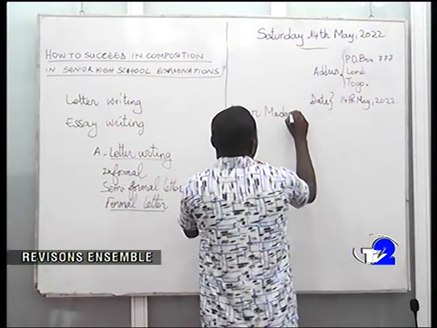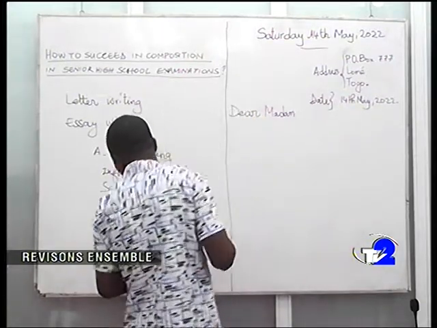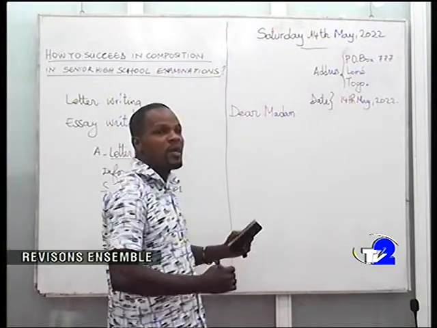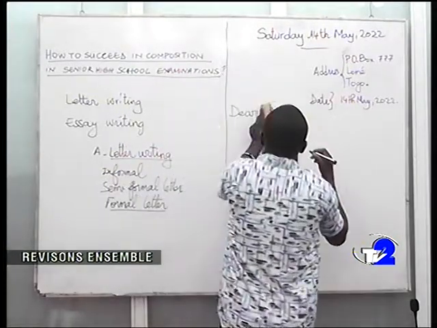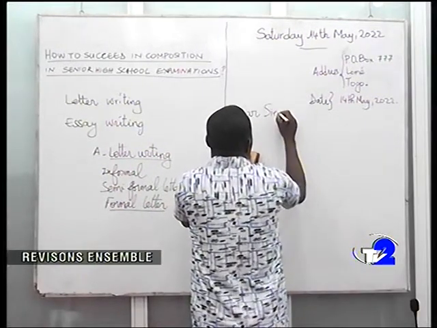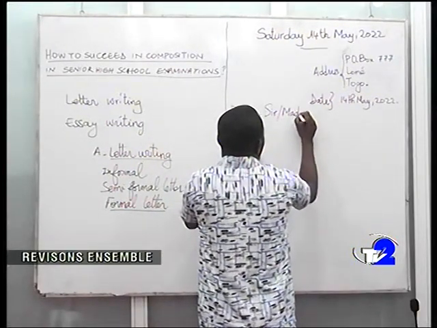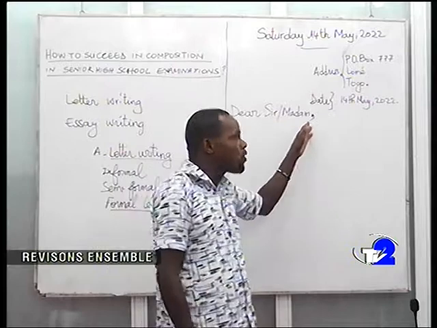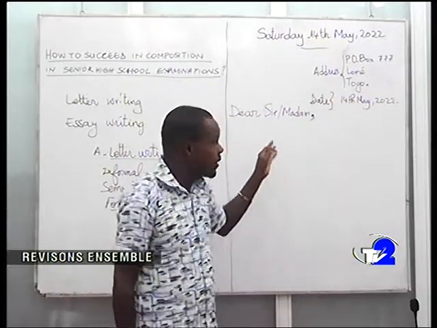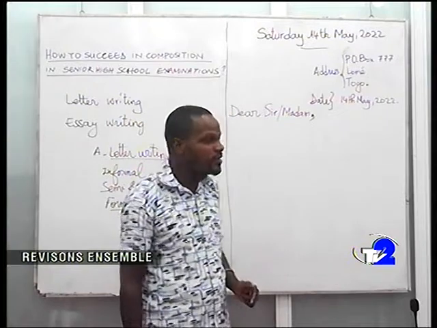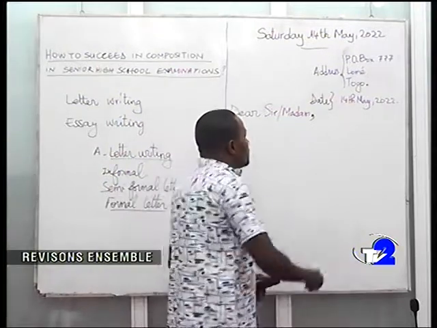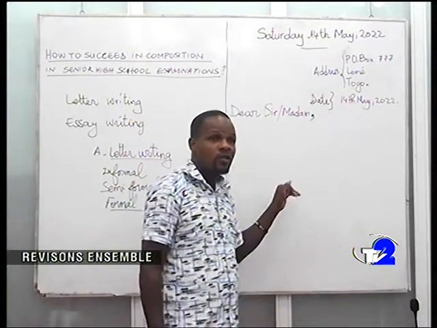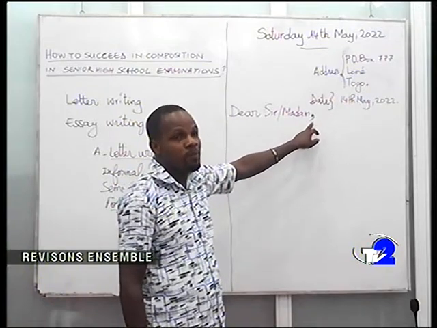Now, in case you don't know the person you are writing to, whether it is a male person or a female person, just write dear sir or madam. So the two are correct, and you place a comma. This comma is mostly important as far as salutation is concerned. It's very important. Why? Just because it shows that you are going to continue with something. So this comma is very, very important.